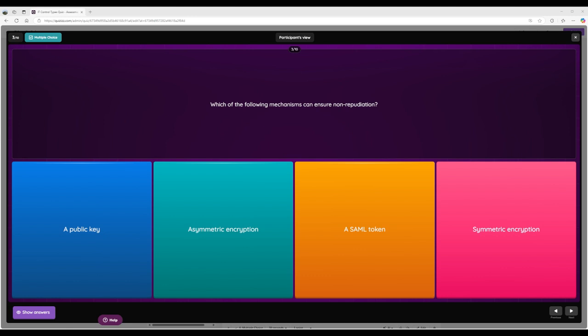Symmetry is like having just one key to something. If you have a house, you only have one key. That means that if you want another person to come into your house, you have to give the other person your key. So that means it's only one key that can open the lock.